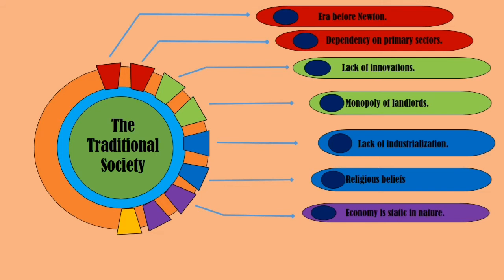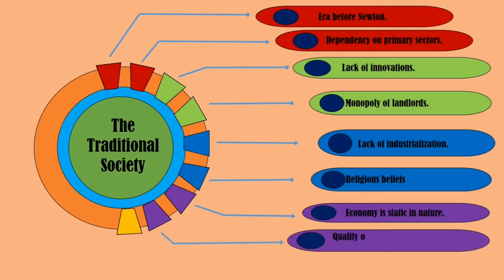There was a lack of adoption of new processes in industrialization, in business, and agriculture. Because of that, there was very small or no change in agriculture, industry, and business.